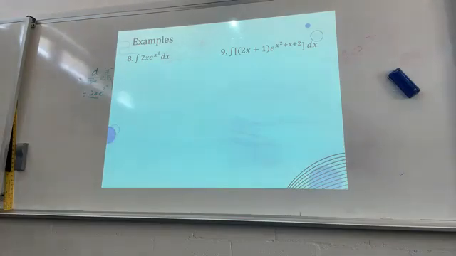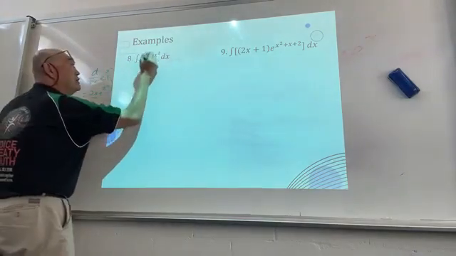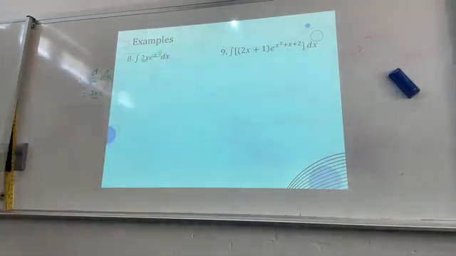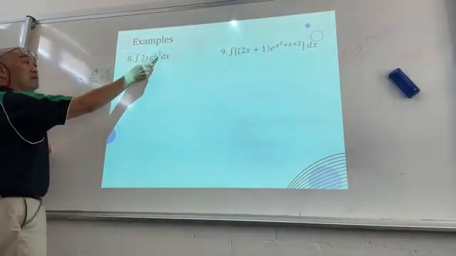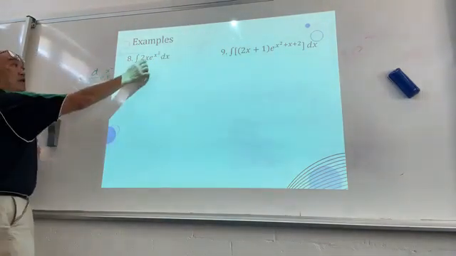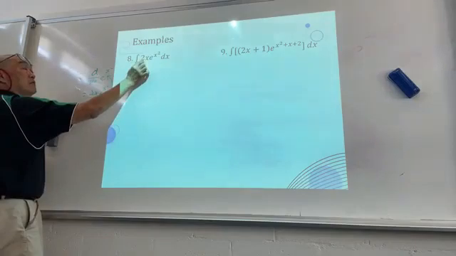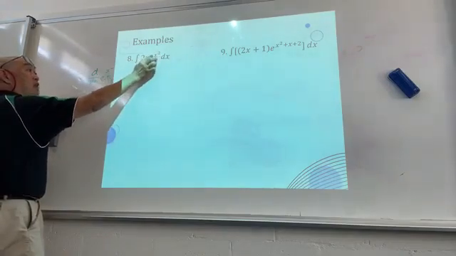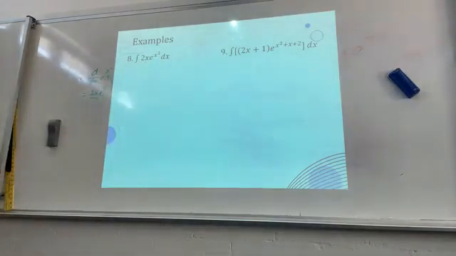So you need to really think about how this is related to the first derivative of that. Deriving x squared gives you 2x.